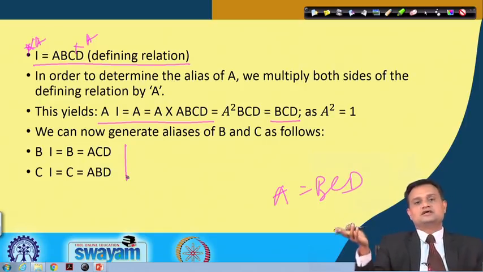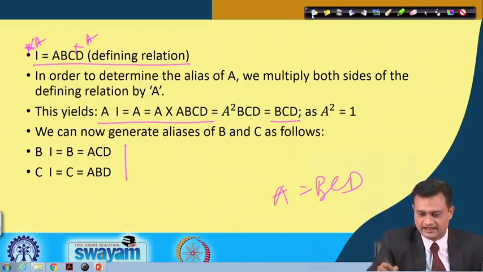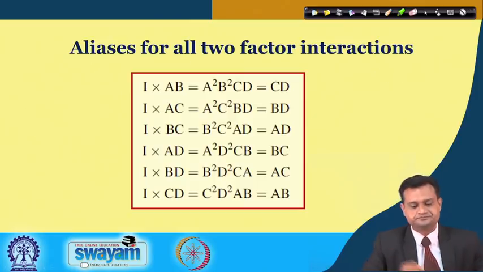It means the aliasing, or confounding, of this 3 factor interaction effect is taking place with the main effect, and this is where the redundancy exists. Similarly, you can do it for the aliasing structure of all 2 factor interactions.